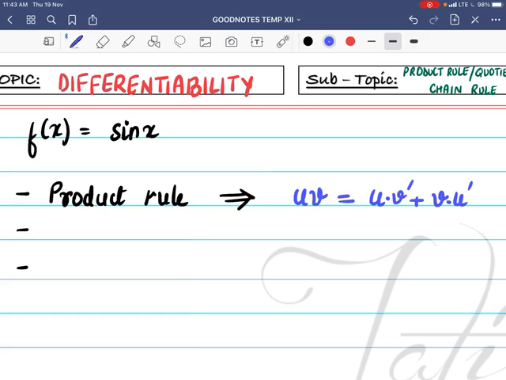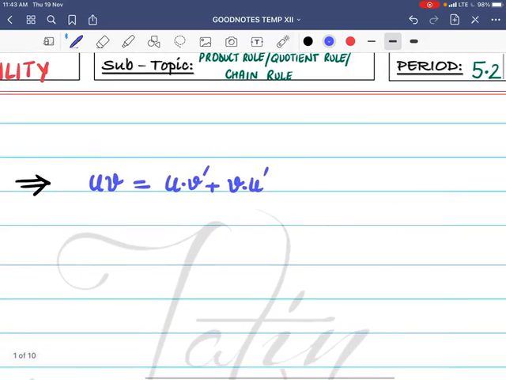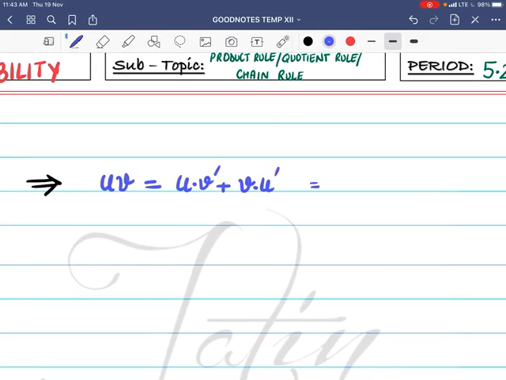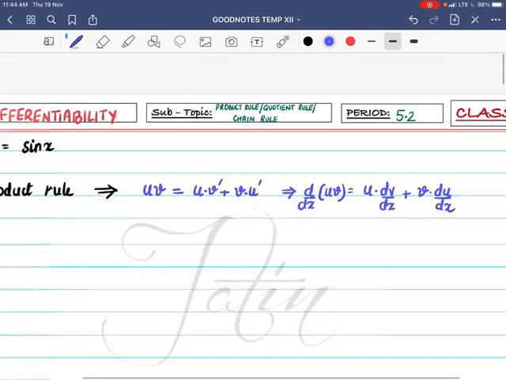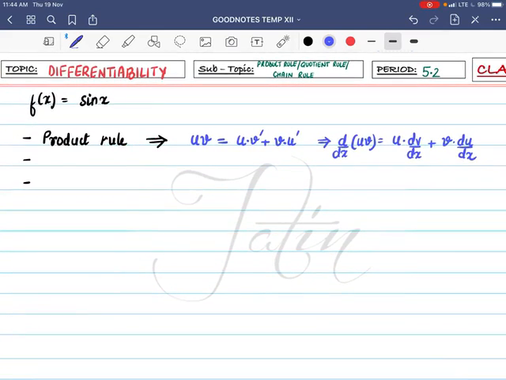Dash represents that we have done the differentiation, or we can also write this in this manner. If we have differentiation or d by dx of u v, it will be represented as first function into differentiation of second, that is dv by dx, plus second function into differentiation of first. It's one and the same thing, only the way of representation has changed, rest everything remains same.